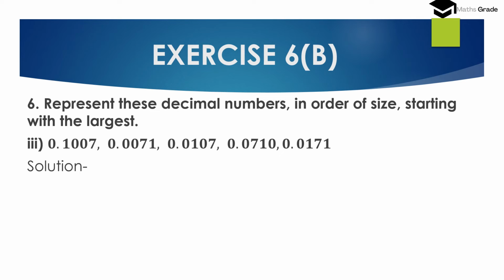Now question, third bit. We have to represent the given decimals starting with the largest decimal to the smallest decimal. The decimals are 0.1007, 0.0071, 0.0107, 0.0710, and 0.0171. In all these decimals, 0 is in the whole part.